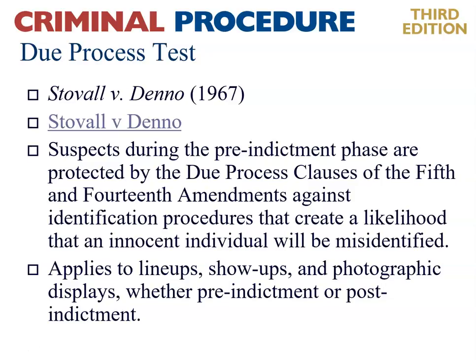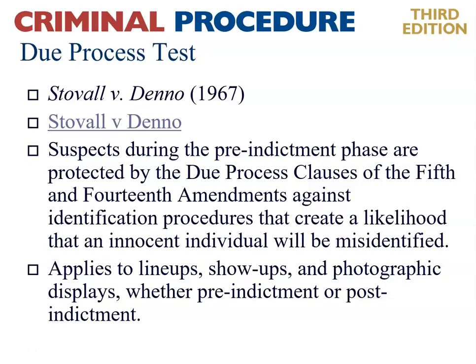So, in other words, the due process test applies to lineups and show-ups and photographic displays, whether pre-indictment or post-indictment, right? But that doesn't mean they're entitled to an attorney, you just have to make sure the procedures are correct. So still, the photo lineup, they don't get an attorney. And an in-field show-up, they don't get an attorney.